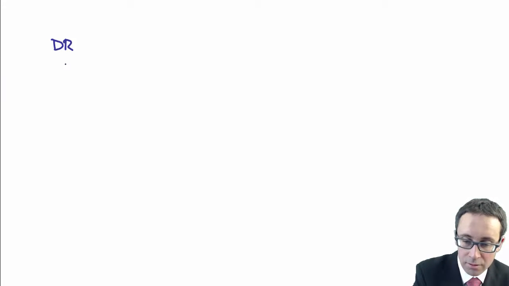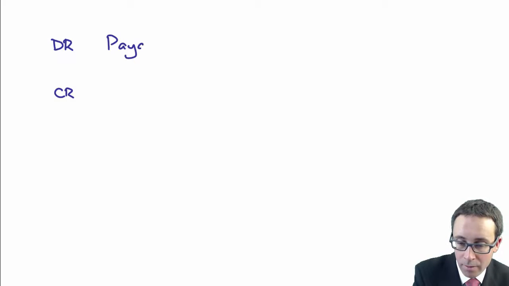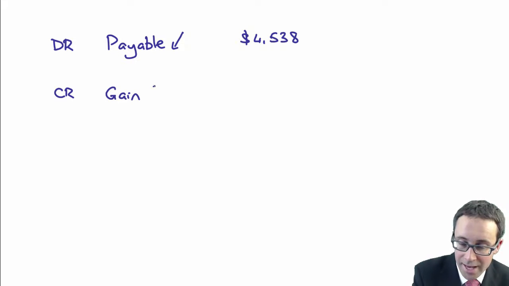However, how do we go through there and record it using journal entries? Well, I need to go through there and debit my payable, don't we? As we are reducing the payable with 4538. And I credit, well, it's a gain, isn't it?